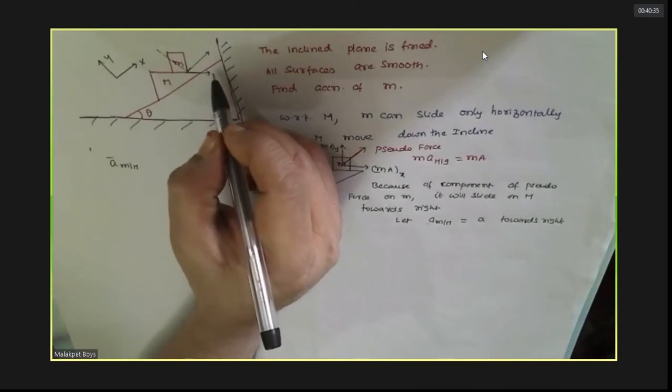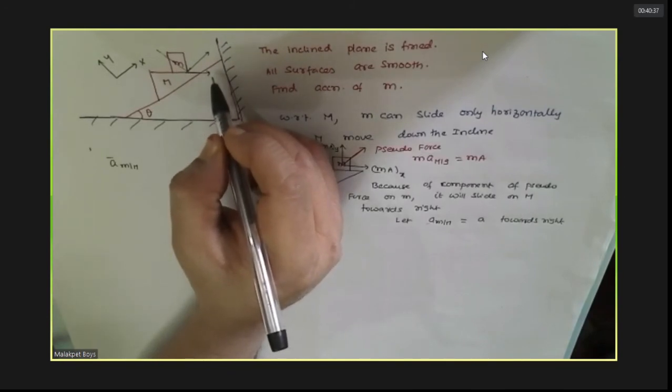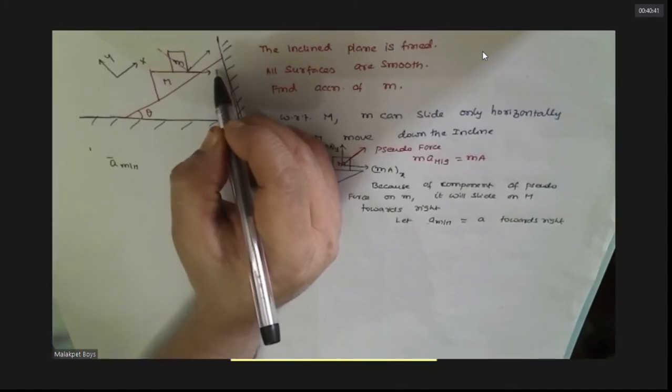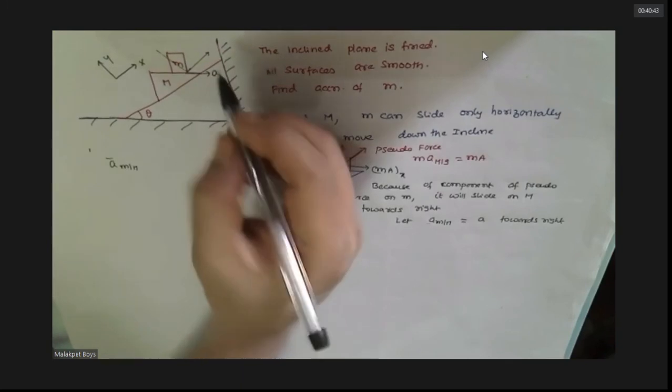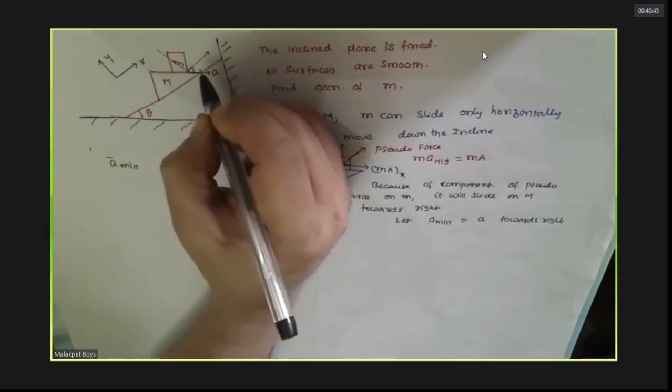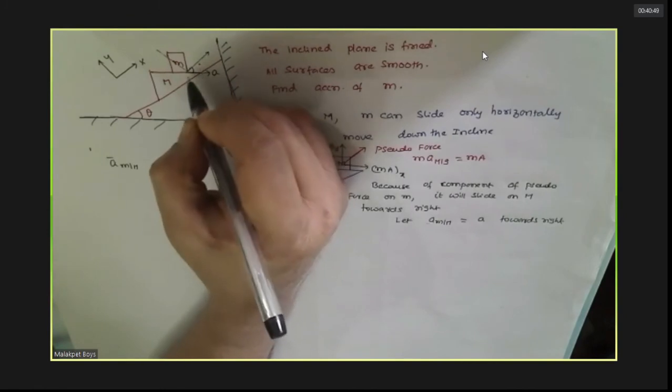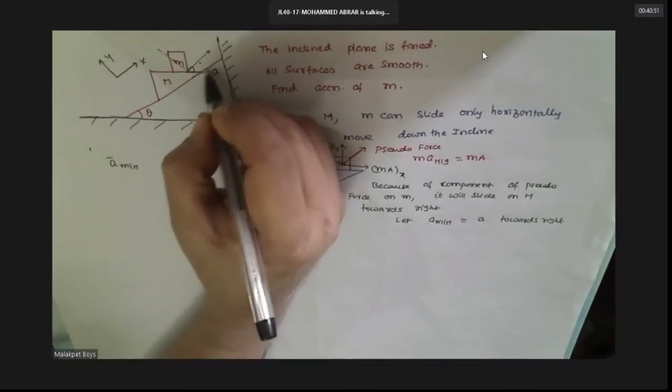So this is the A we have taken. Agreed? This will be along this, it is theta only, no? Is it correct or not? 90 minus theta, sir.